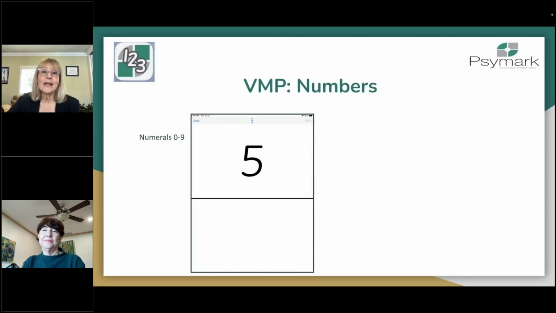The third progress monitoring assessment tool is called numbers, and it is for number formation. And with numbers, an examinee is presented with 10 numbers from 0 to 9. And just like with shapes and with letters, the examinee is asked to copy the number in the space below the line exactly as they see it.